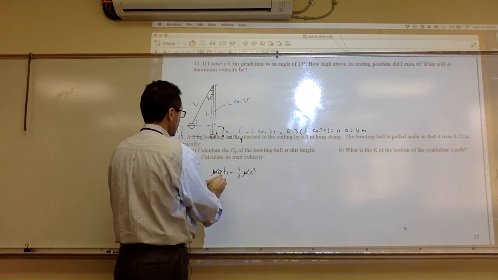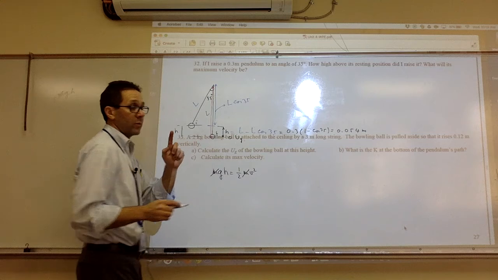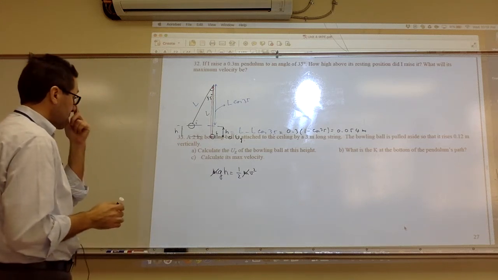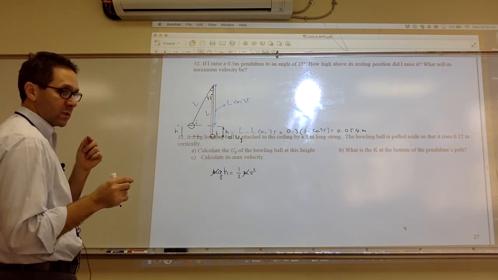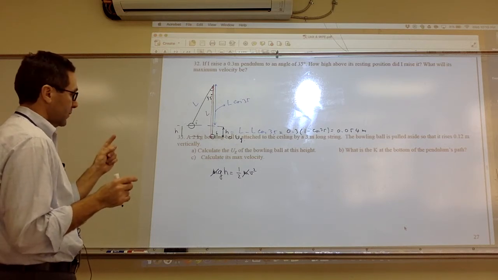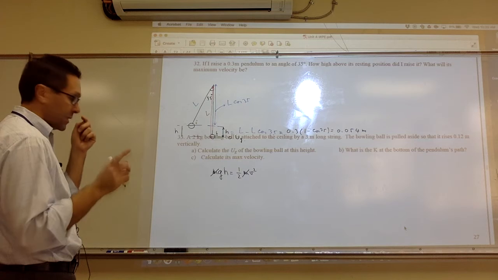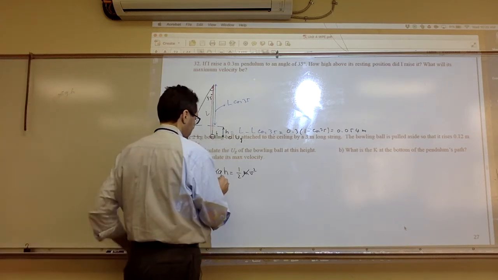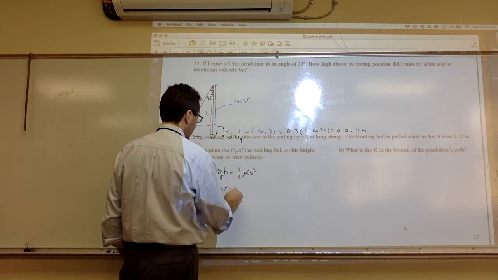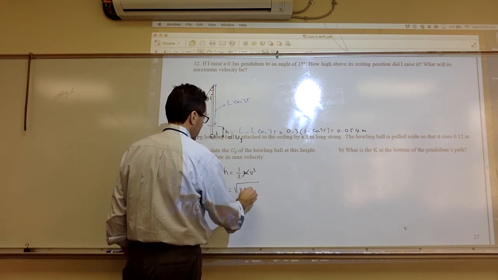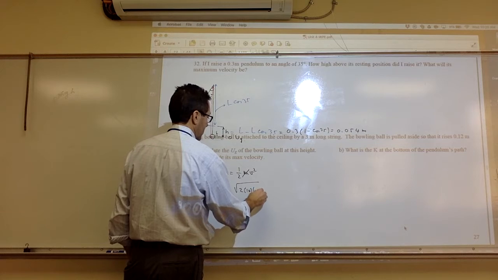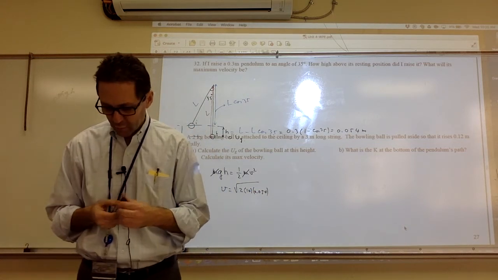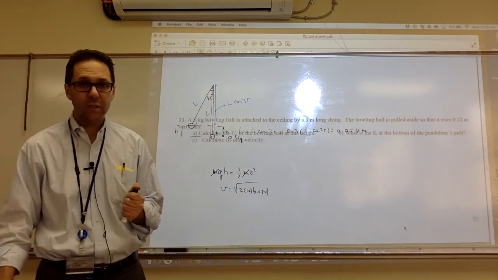If you remember when we did the law of inertia, when we talked about Galileo's experiment, we put heavy marbles and light marbles, and you can see that the period was the same. So v equals radical 2gh, and you can do the math and get a value of 1.04 meters per second.